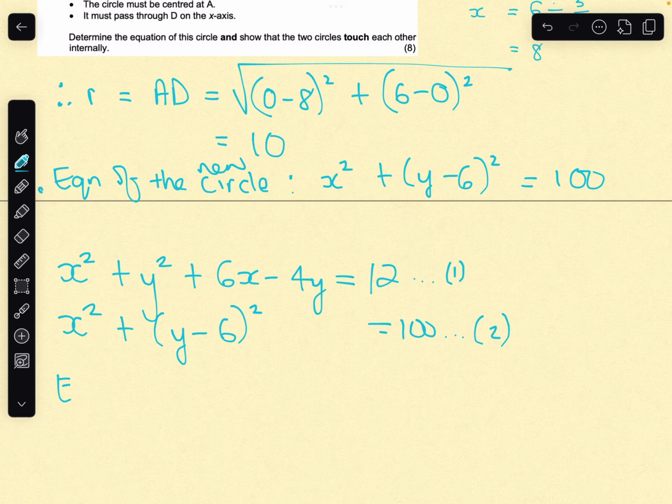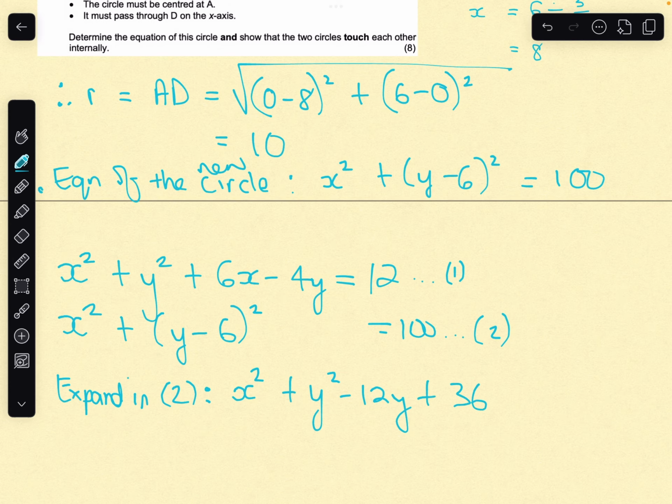Okay, so I'm just going to start out by expanding everything that's in number 2. So that will be x squared plus y squared minus 6y minus 6y, which is minus 12y, plus 36 is equal to 100.